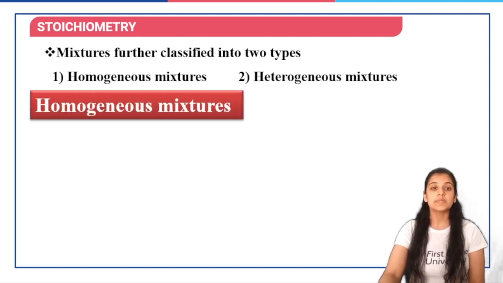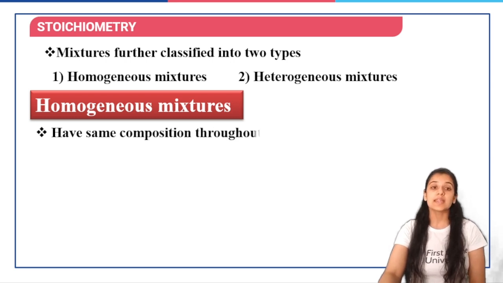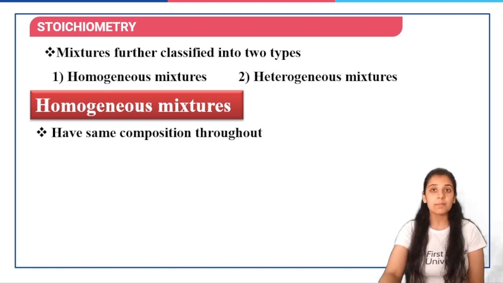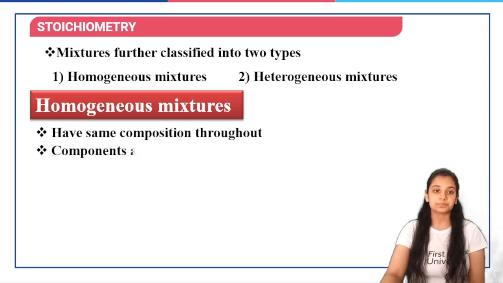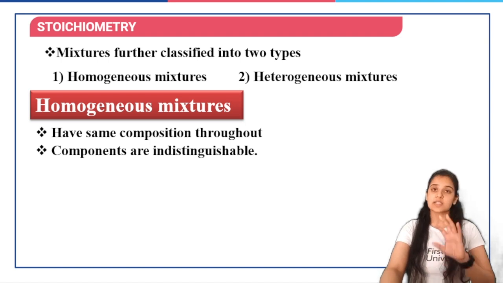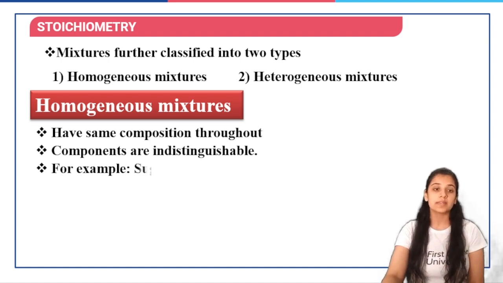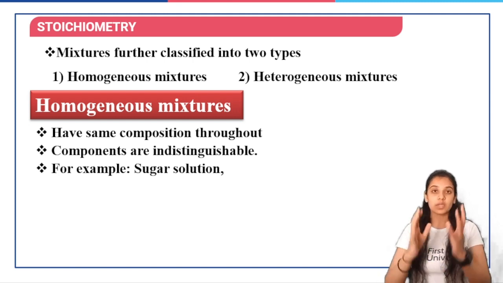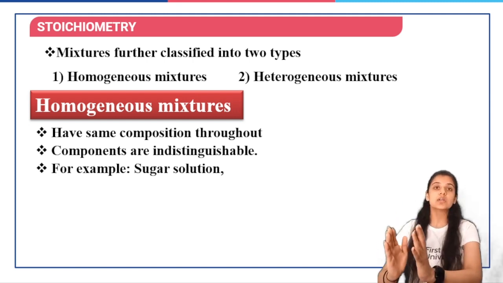First of all, we will discuss homogeneous mixtures. They have the same composition throughout. The components which are present are indistinguishable, that is, we cannot differentiate between them. For example, a sugar solution: you take water, you add sugar to it, you dissolve the sugar. Can you differentiate by looking at it that this is plain water and this is a sugar solution?